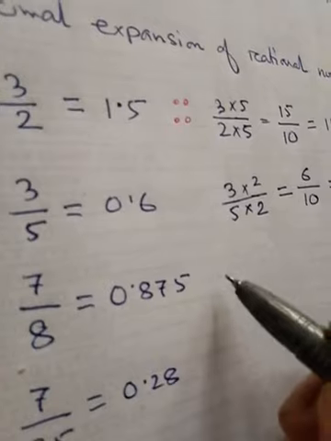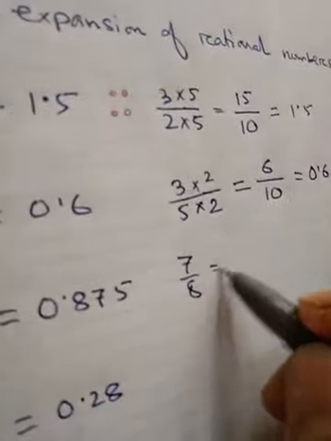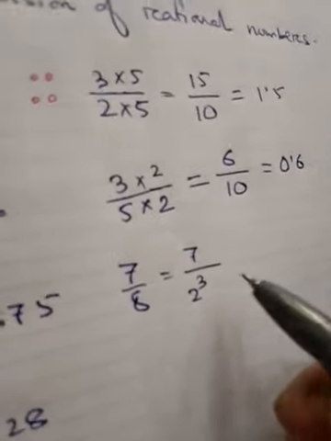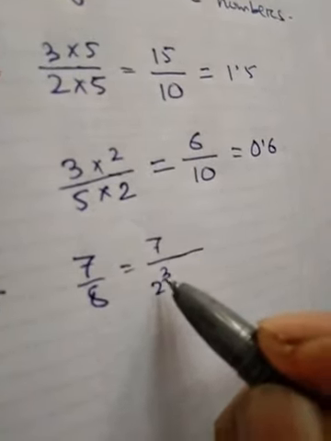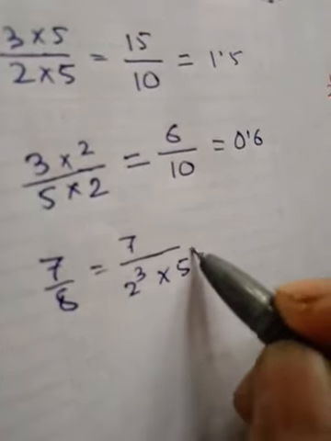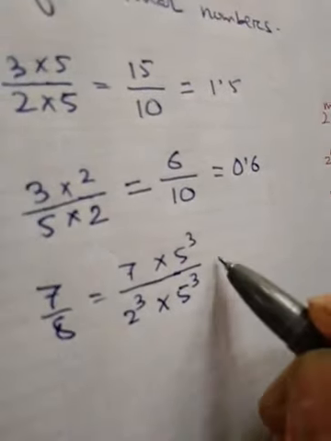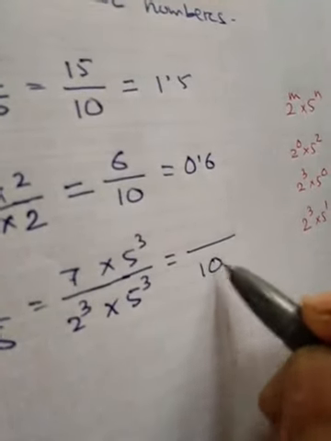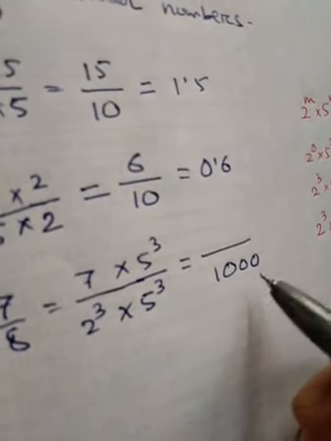You can see the next number. Here it is 7 by 8. So 7 by 8 means 7 by 2 to the power 3. Then how many 5's will we multiply? Because we have three 2's here, we have to multiply by three 5's. That means 5 cube, and in the numerator also 5 cube. So then this will become 1000, because 2 times 5 is 10, 10, 10, and we have three 10's multiplied, so it is 1000.